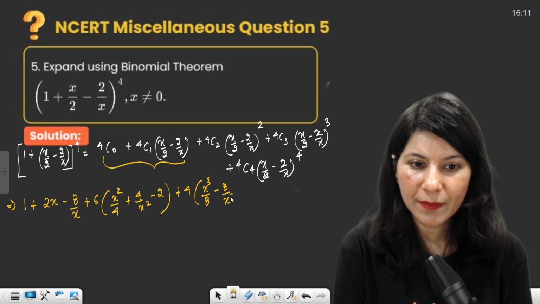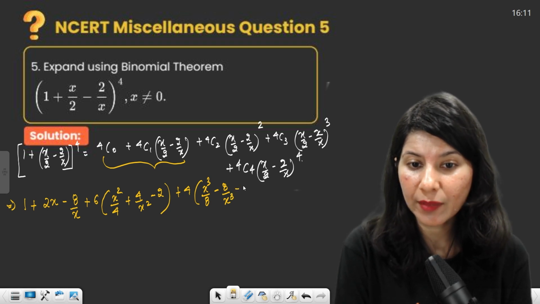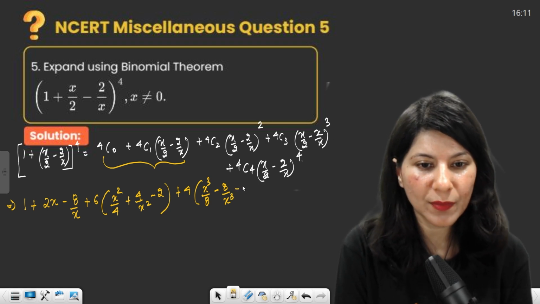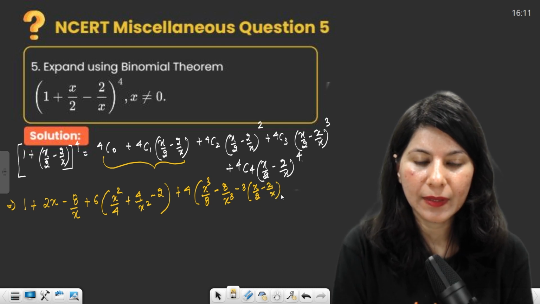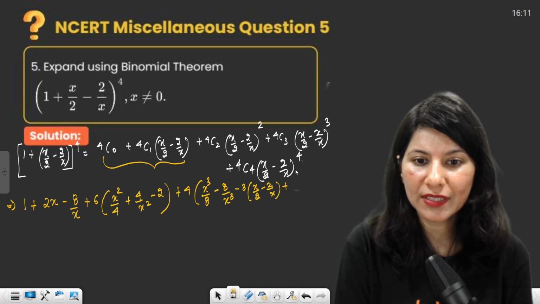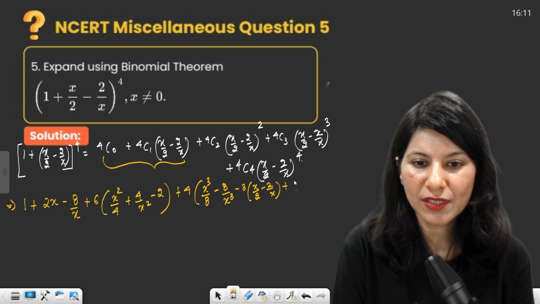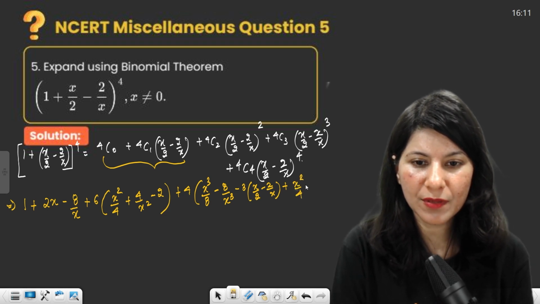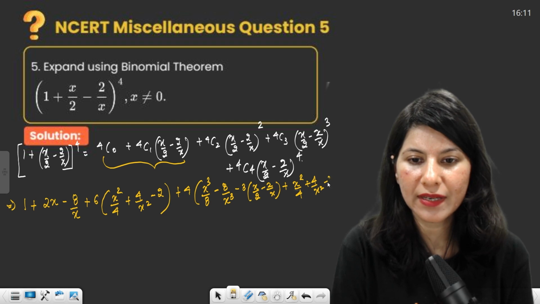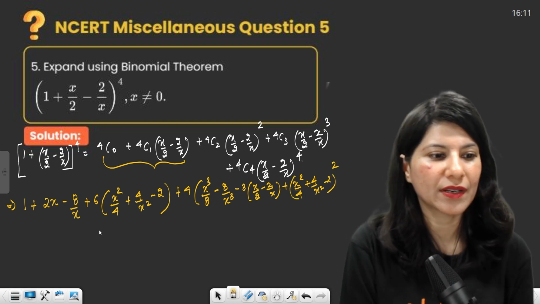A cube minus b cube minus 3ab, product of these two is anyway, so minus 3a minus b. Plus last but not the least, power 4 expansion. So it is going to take again x square by 4 plus 4 by x square minus 2 whole square. Correct?